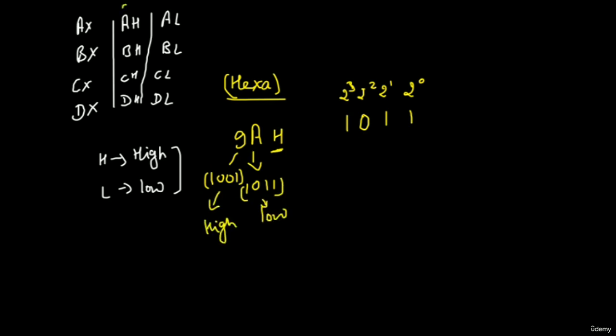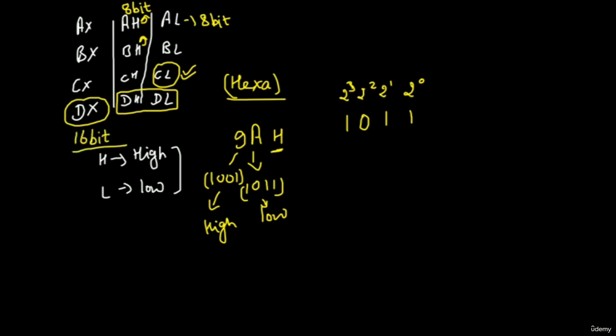Both are individually 8-bit: AH is 8-bit, AL is 8-bit, and similarly for the others. If I just want to use CL, C low, I can use this one, or if I want to use both of these, I can do that too. In that case I'm going to call it CX, where X is extension. That gives us 16-bit, the full capacity of our processor.